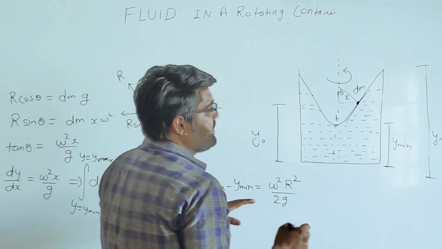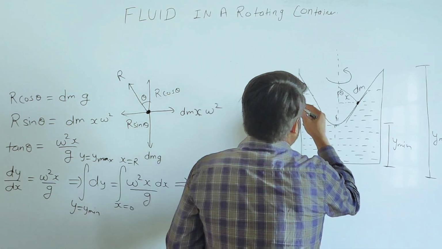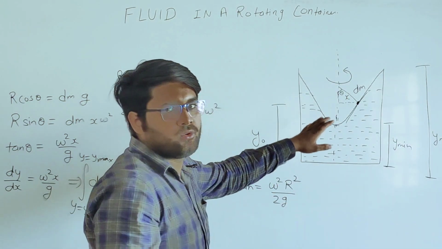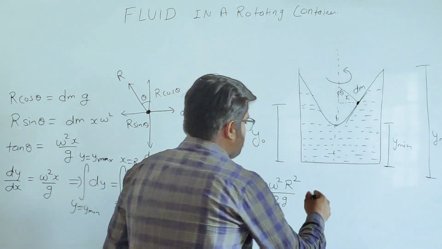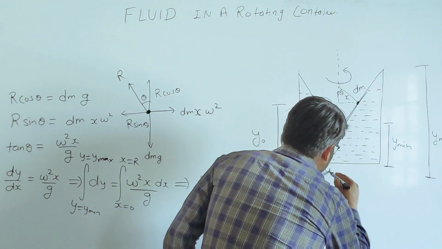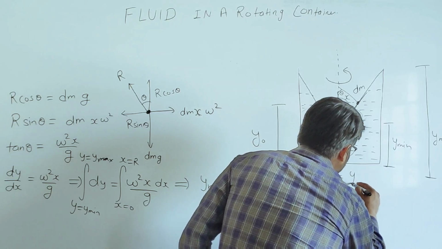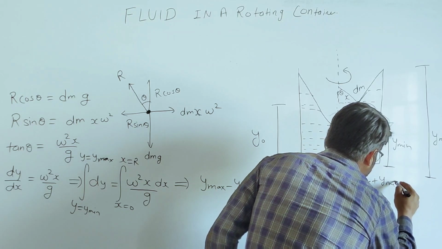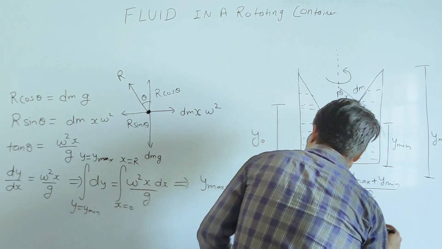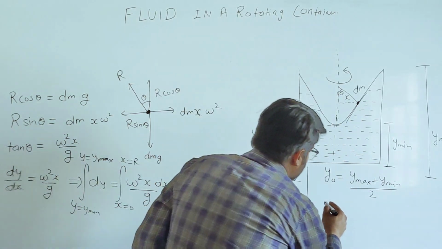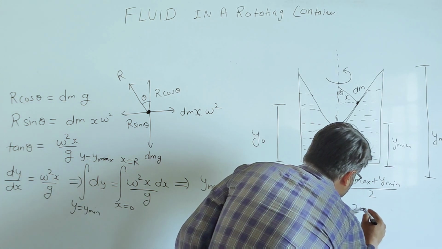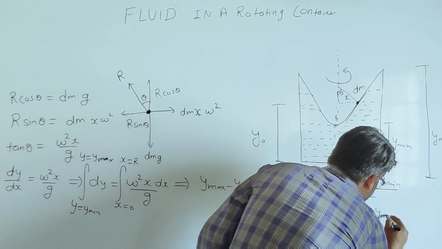Now one thing is interesting here: whatever height the liquid goes up, the same height it will go down. So we can say that y naught is equal to y max plus y min by 2. If we calculate y min from here, we get y min equal to 2y naught minus y max.